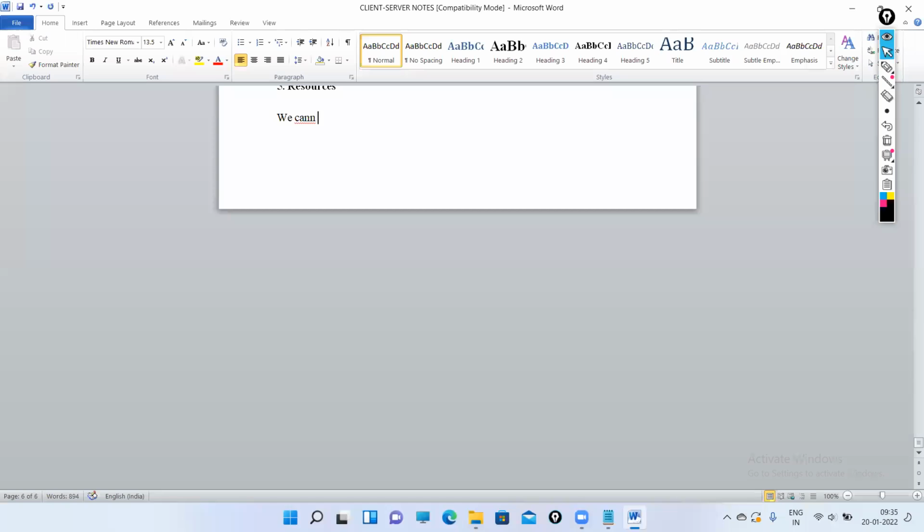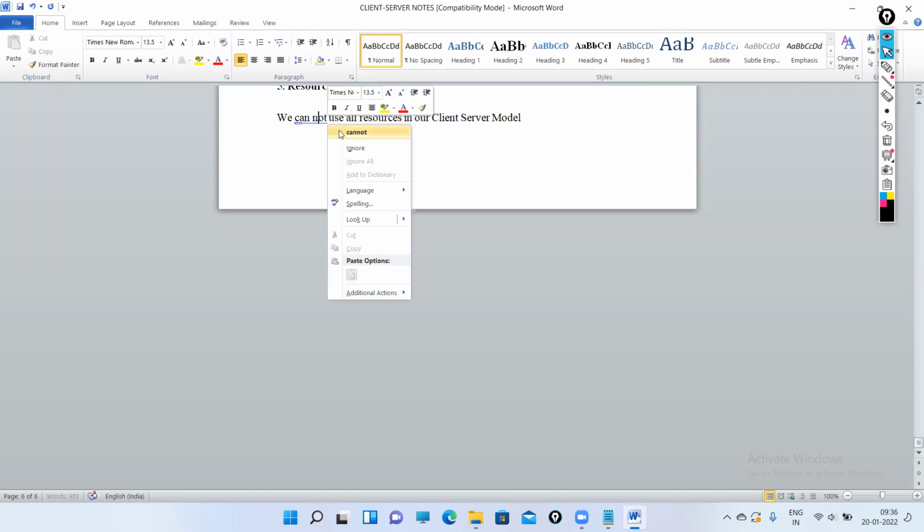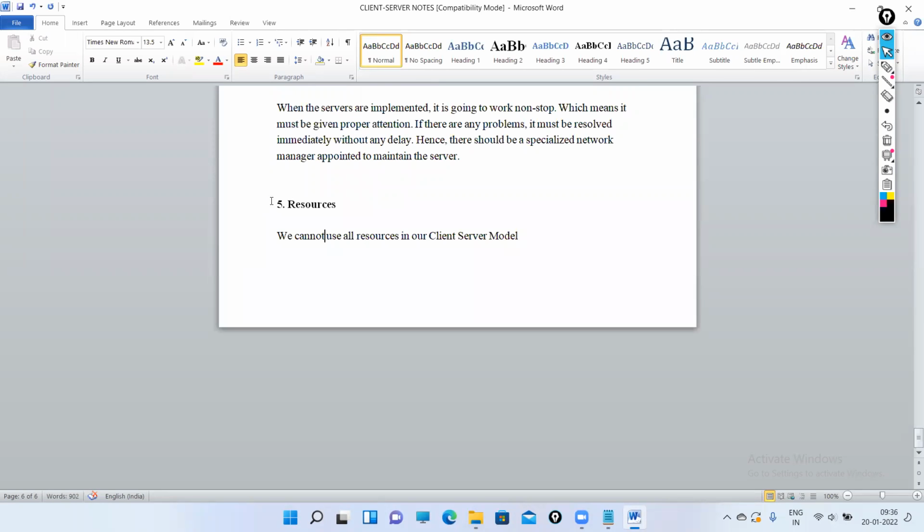We cannot use all resources in our client server model. This one is also a disadvantage.